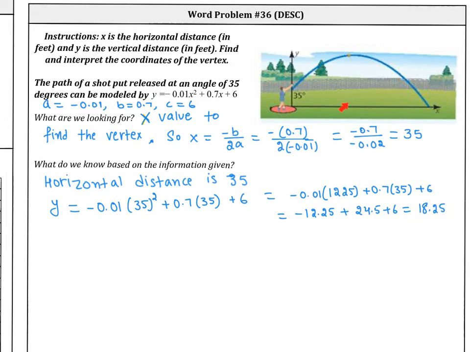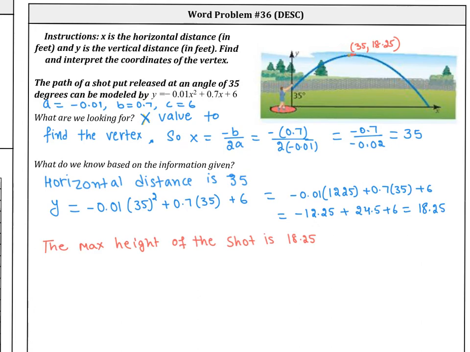Again, the y value is always considered as the height, and the x value is always considered as your horizontal distance. So now the vertex is 35 comma 18.25, meaning the horizontal distance is 35 and the vertical distance is 18.25.